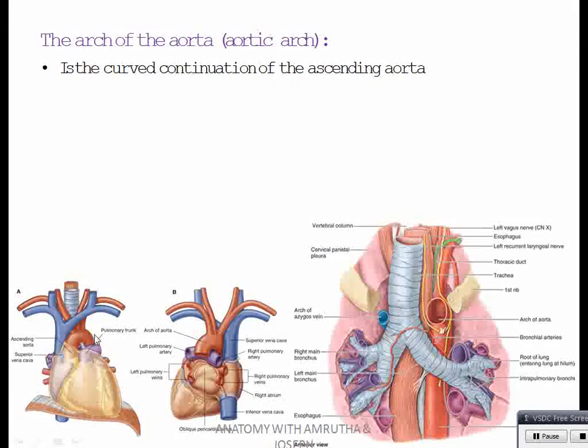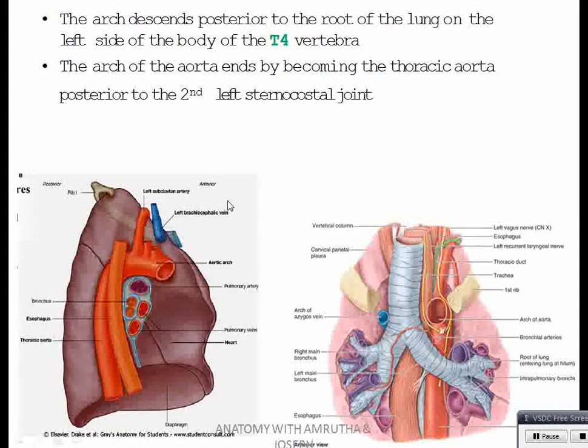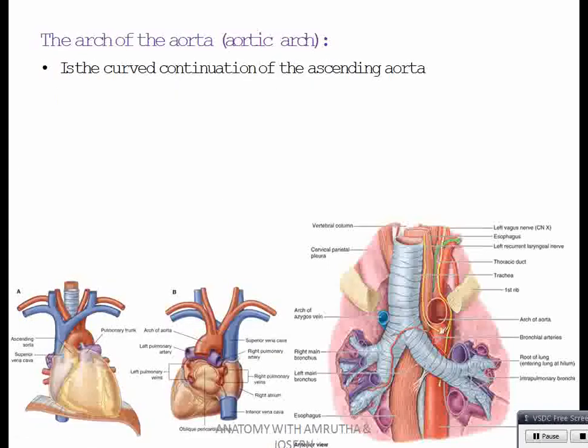Arch of aorta is the continuation of ascending aorta, and arch of aorta continues down as the descending thoracic aorta. So you need to know the arch of aorta, which is giving some branches here, and the branches are known from right to left.